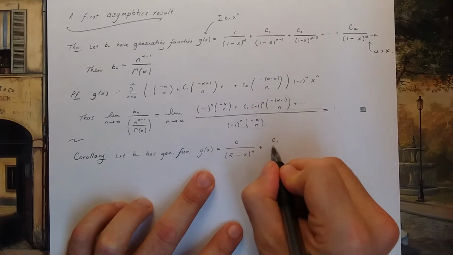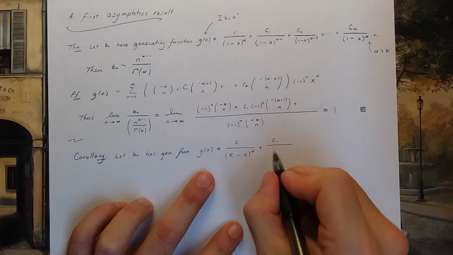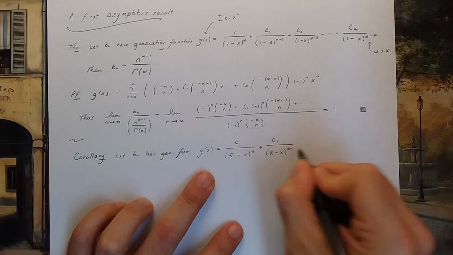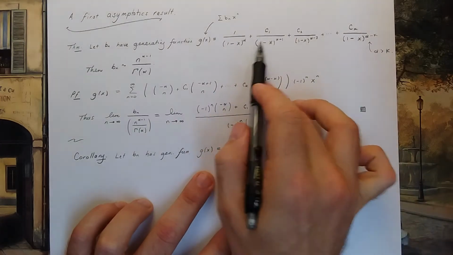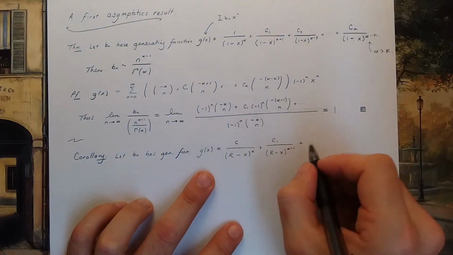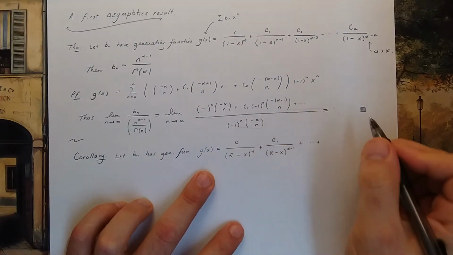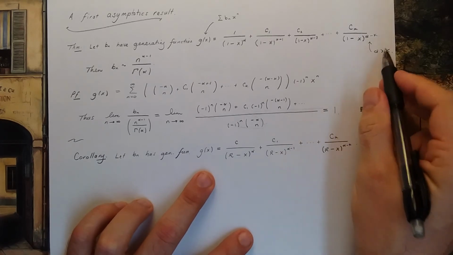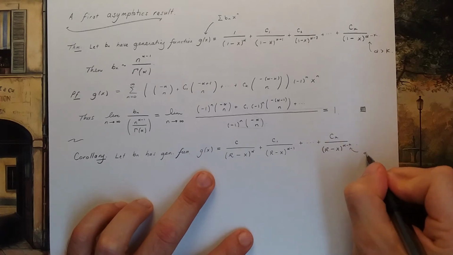So my new function is just slightly more general than my old function. I'm going to replace the ones in these denominators all with r and add things up, so I get ck over (r minus x) to the alpha minus k power. Again, I'm assuming that alpha minus k is still positive, so alpha has to be bigger than k.